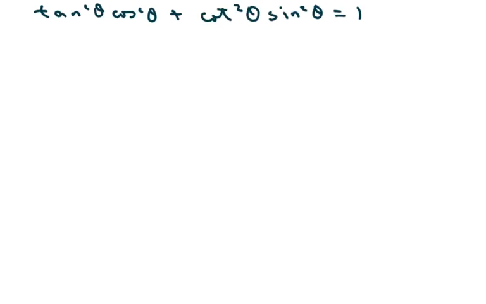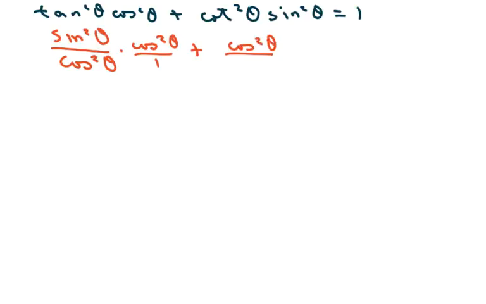Okay, the next one is this one. So the first thing I want to do is, this is supposed to equal 1. So I'm going to write this as sine squared theta over cosine squared of theta. There's really no factoring involved in this one. I guess I stuck it in here. And this one is cosine squared of theta over sine squared of theta times sine squared of theta.